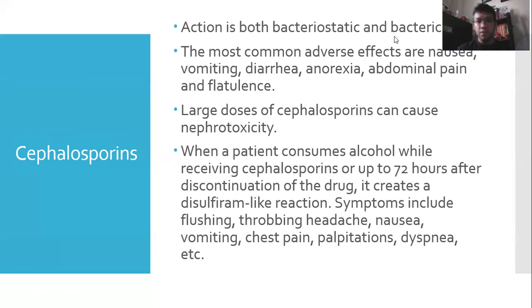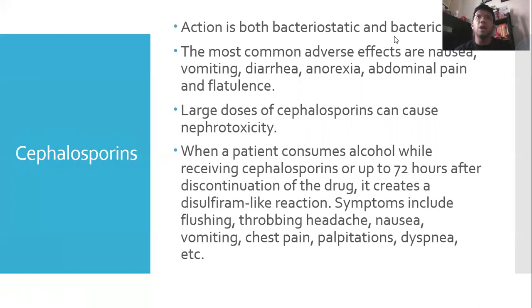And take note, when we are teaching the patient to take cephalosporins at home, we advise the patient to avoid any form of alcoholic beverages because it can cause a disulfiram-like reaction. So we advise the patient receiving cephalosporin not to take any form of alcohol.